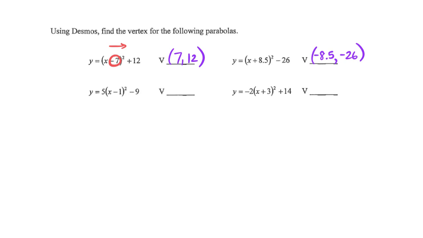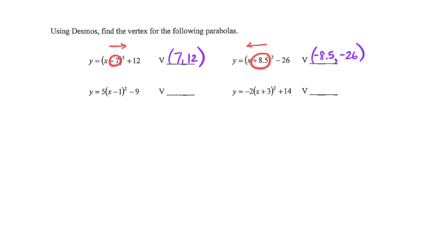Okay, because I am adding something to my x before I square it, that means my x's all have to be less than what they used to be to get my base parabola. So by adding 8.5 to it, I actually move my parabola to the left. I have that opposite operation effect again.